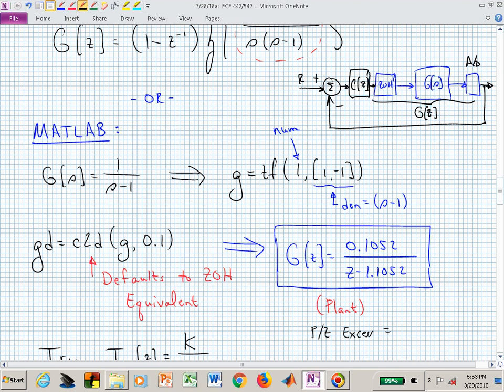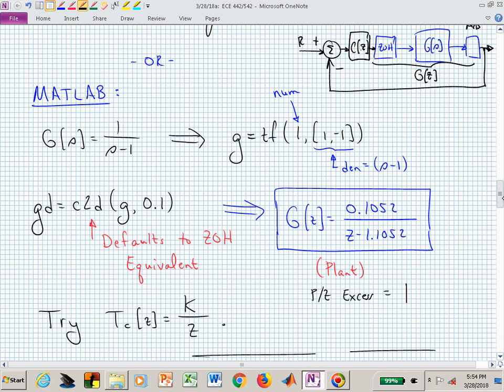In this case, what's the pole zero excess for capital G of Z? That's 1. We have one more pole than finite zero. And what do we know about the pole zero excess of our plant and the pole zero excess of our desired polynomial? And in this problem, we're actually saying make the response deadbeat. And for a deadbeat response, we put all of our desired closed loop poles at the origin.